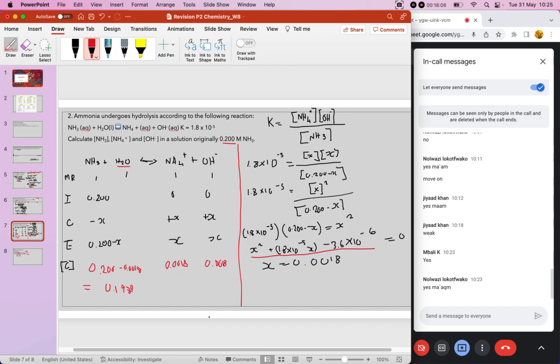Looking at the chemical equation, why do you think we are not given anything for water, especially the initial number of moles of water?